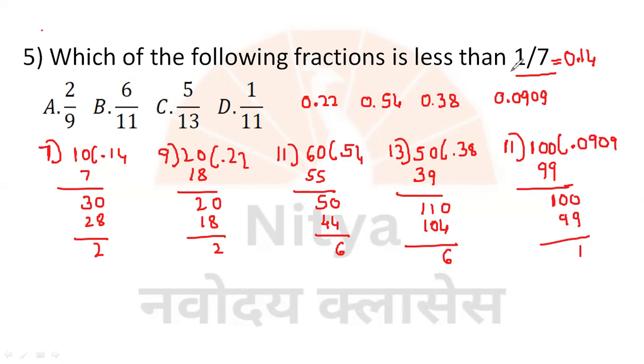Okay, so which is less than 0.14? 2 is larger than 1 4, so this is also larger. 3 is also larger than 1. So see here 0.09 is less than 0.14. So option D, 1 by 11, is the answer.